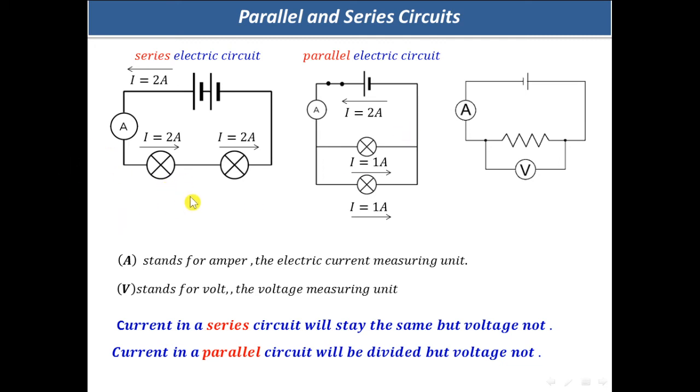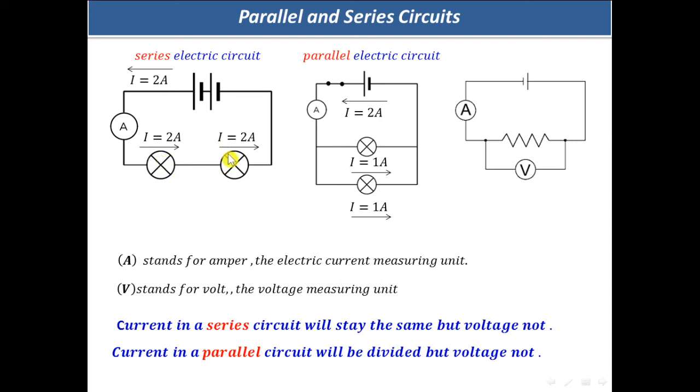Okay, there are a lot of characteristics about a parallel or a series circuit. What's important for you to know is that in a series circuit, when the current is 2 ampere going in this direction, it will stay 2 ampere along the whole circuit. It will never change.